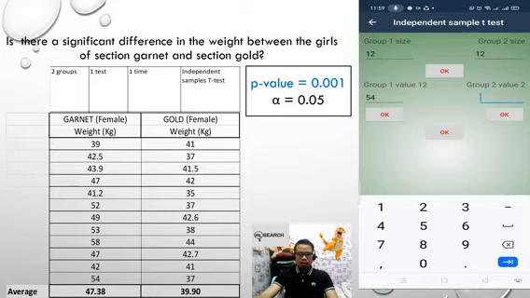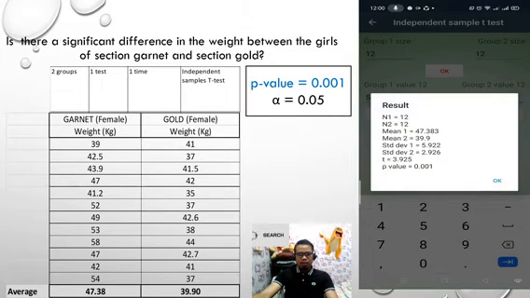We have 41, 37, 41.5, 42, 35, 37, 42.6, 38, 44, okay, 42.7, 41, 37. Okay.